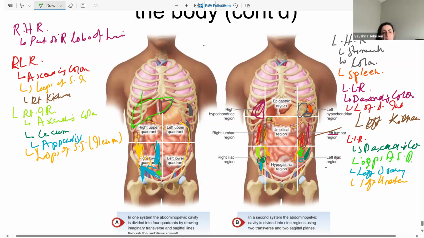So if this is your right hypochondriac region, it's only going to be part of the right lobe of your liver. Did you get that? Yes, thank you. No problem.